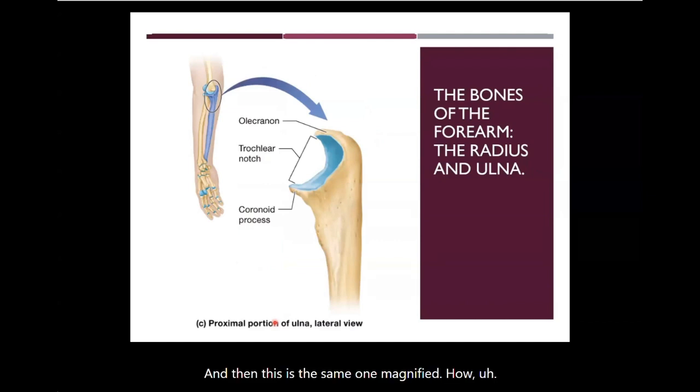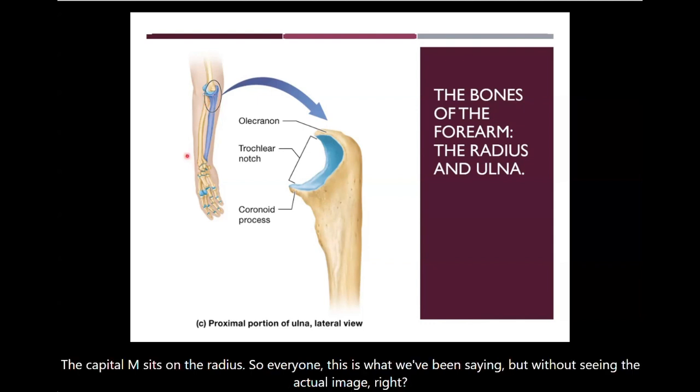And then this is the same one magnified, how the ulna has the olecranon, and then it sits on the olecranon fossa, and then how the trochlea sits on the trochlear notch of the, not the radius, the ulna, okay? The capitulum sits on the radius.